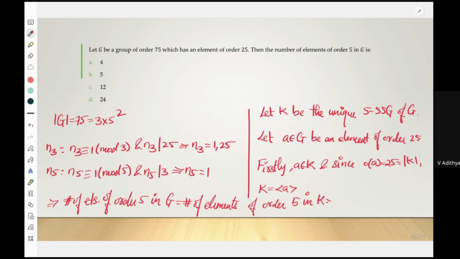So if G is a cyclic group of order n, for any d dividing n, the number of elements of order d is phi of d. This is phi of 5, and phi is the Euler totient function, which is basically 4. So is this clear? Nice.